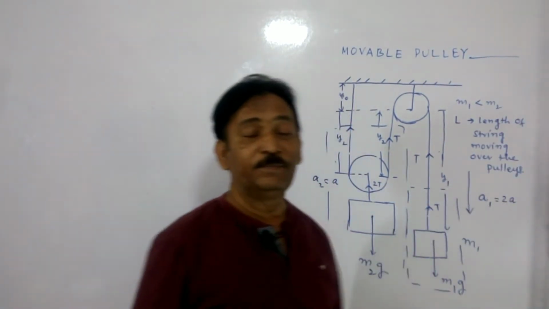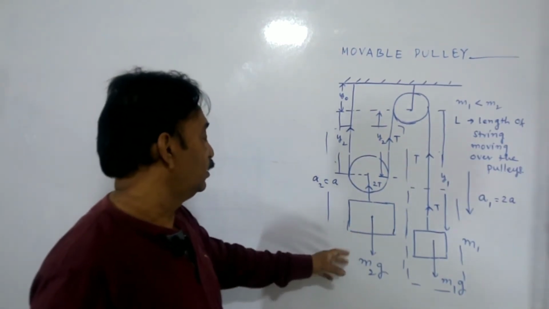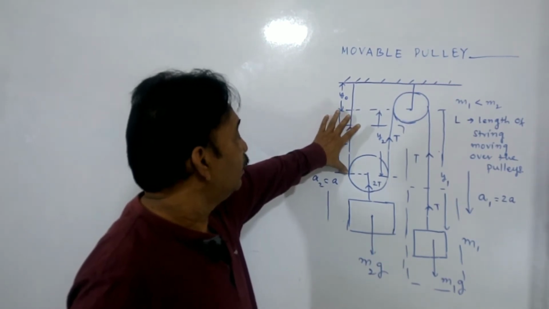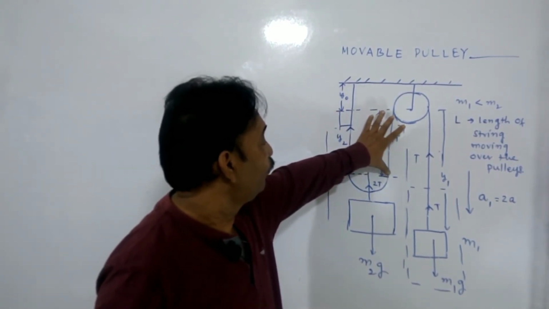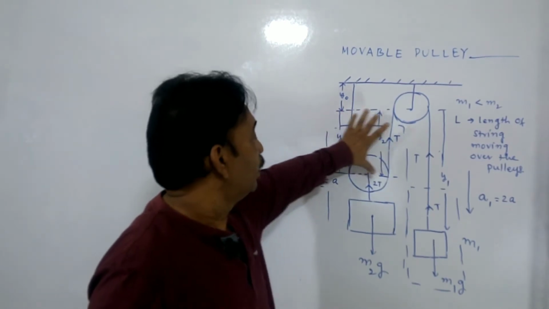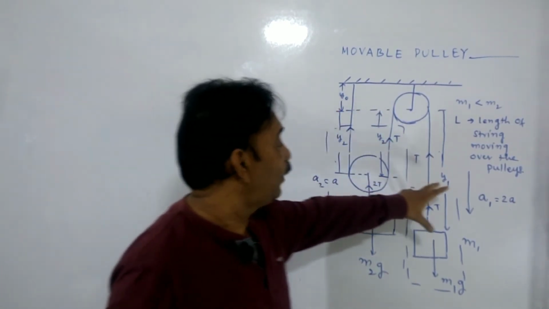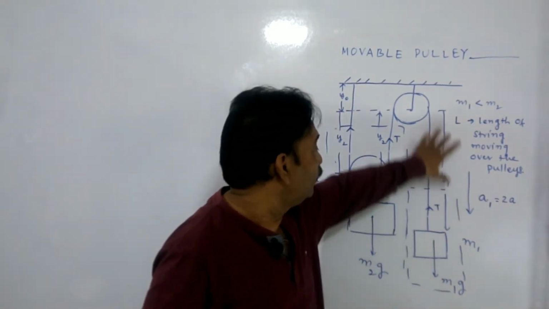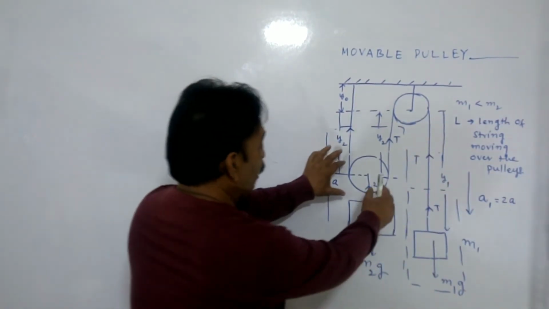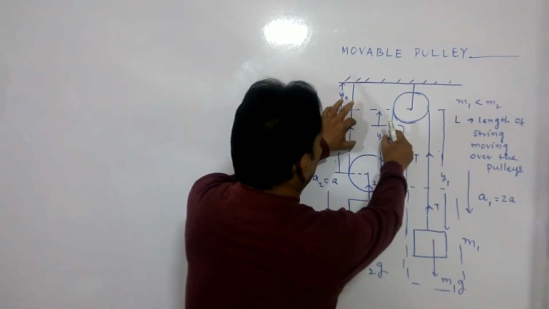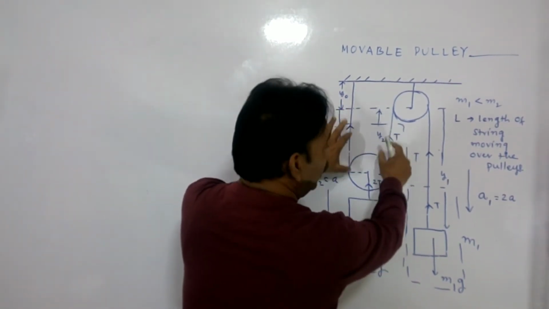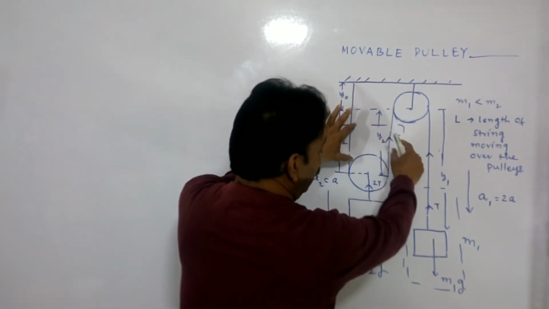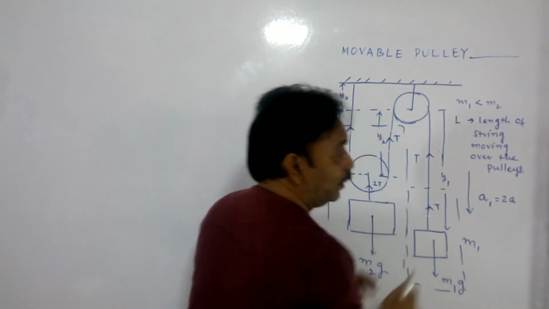a1 is equal to 2a. A simple thing, students. This pulley is moving up. That means the length which is decreasing in this amount must be equal to the increase of the length in this part of the string. Okay, let's say the pulley raised up to this one. That means the decrease of the length with respect to the string appears to be an increase in this.